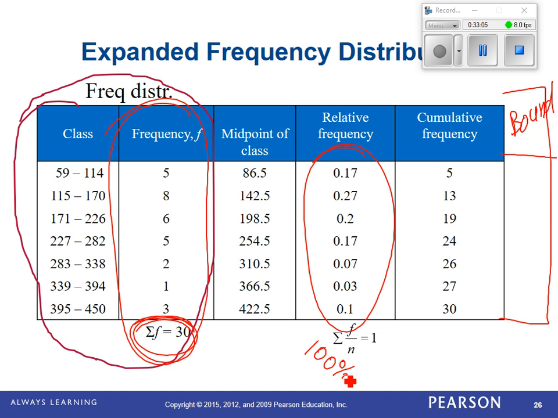Now, it's probably not going to be exactly 100 because you're going to round it off, and it's not going to come out exactly right. But if it's coming up 105%, you better check it because you're doing something wrong. If it's coming up 101% or 99%, we're probably okay. We just rounded too much one way or another.